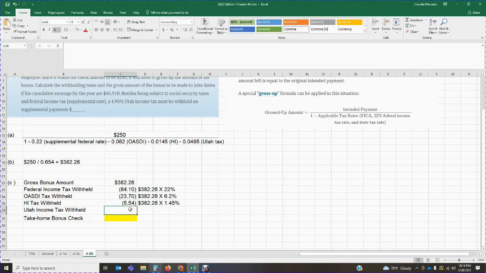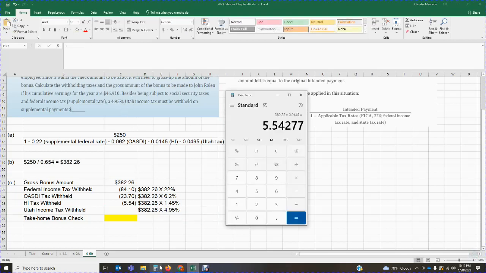And then my Utah income tax withheld will be my 382.26, and my rate is 4.95%, which was given to us in the problem. That gives me 18.921. Because that third digit is a 1, I'm going to keep it at 18.92.